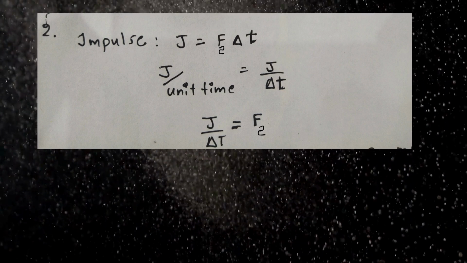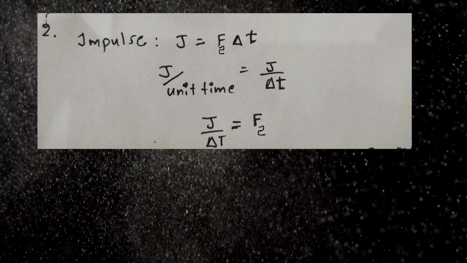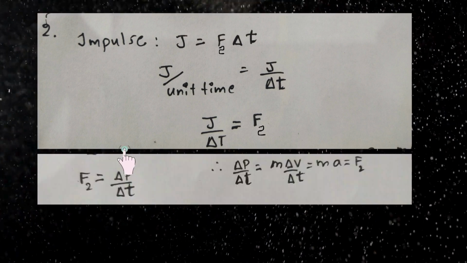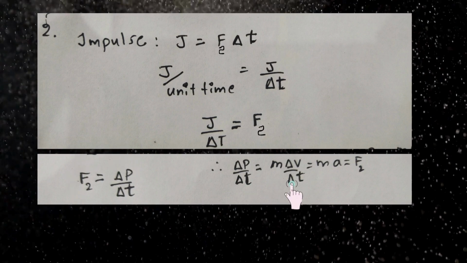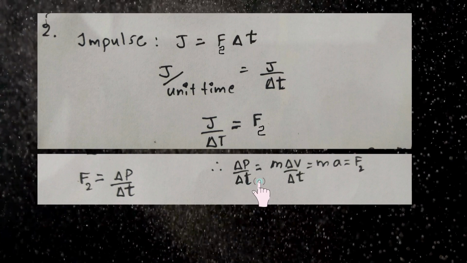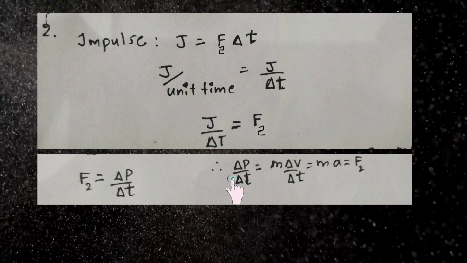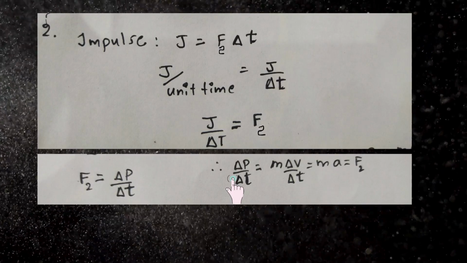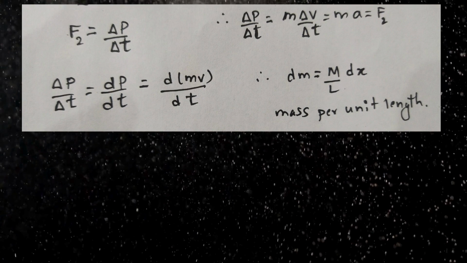Now, we know that impulse per unit time is force. We can write force in another form as dP/dt, where P is the momentum. Momentum P is equal to m v. So we can define dP/dt, where P we substitute as m v, and we get (dm/dt) v.